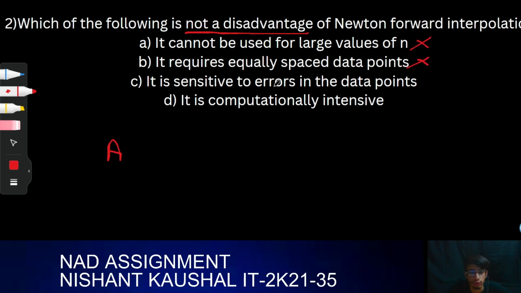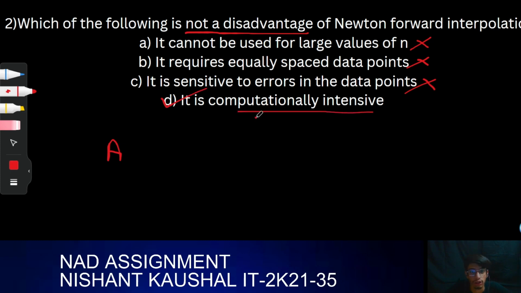It is sensitive to errors in the data points. Yes, that is also true, because in approximating the terms, it could lead to a wrong answer. So it is also a disadvantage. It is computationally intensive. Yes, it is true.